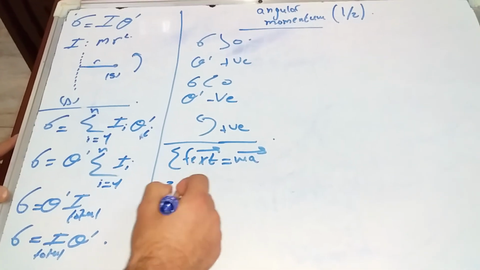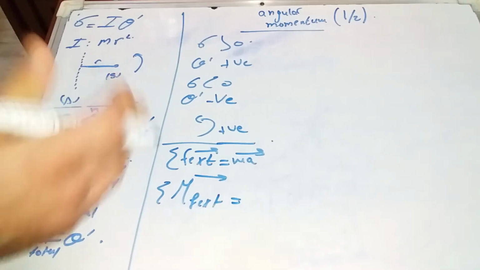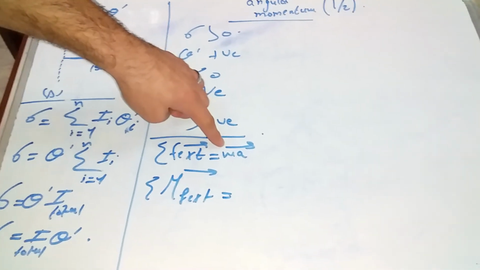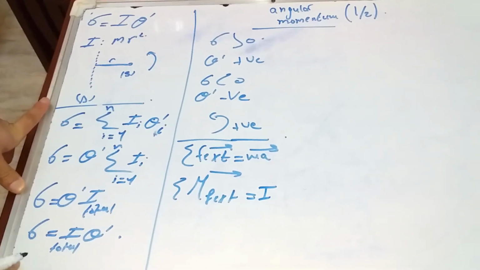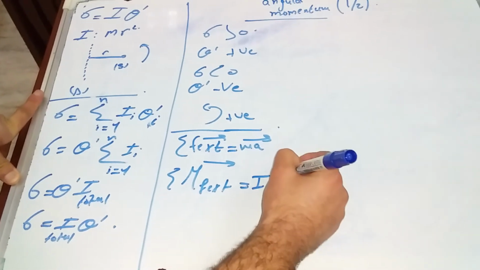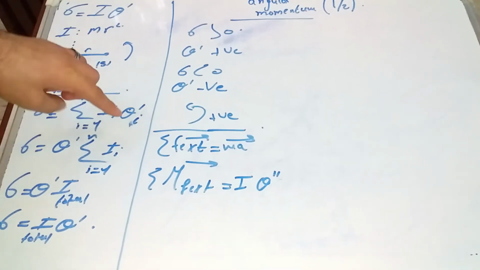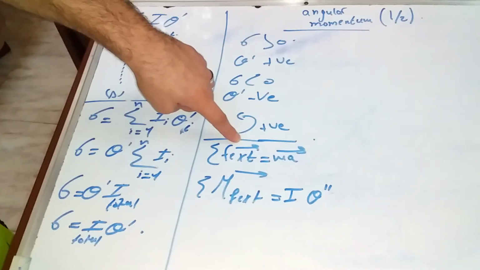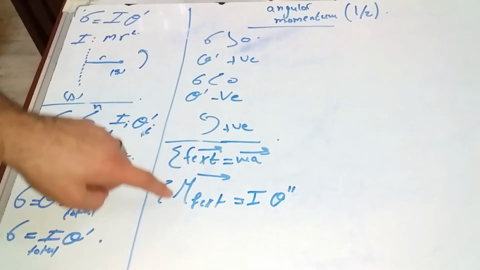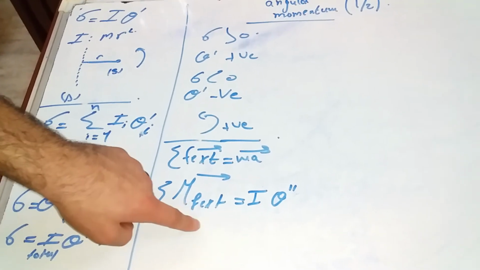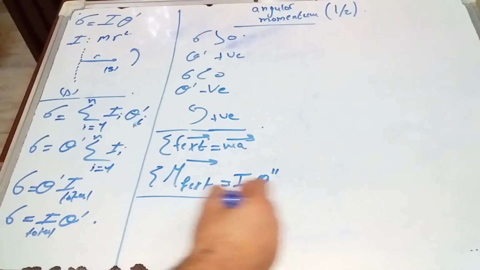The sum of the moments of F external is equal to I theta double prime, by analogy: M in translational motion is replaced by I, the inertia of the object or of the particle, and a is replaced by theta double prime.